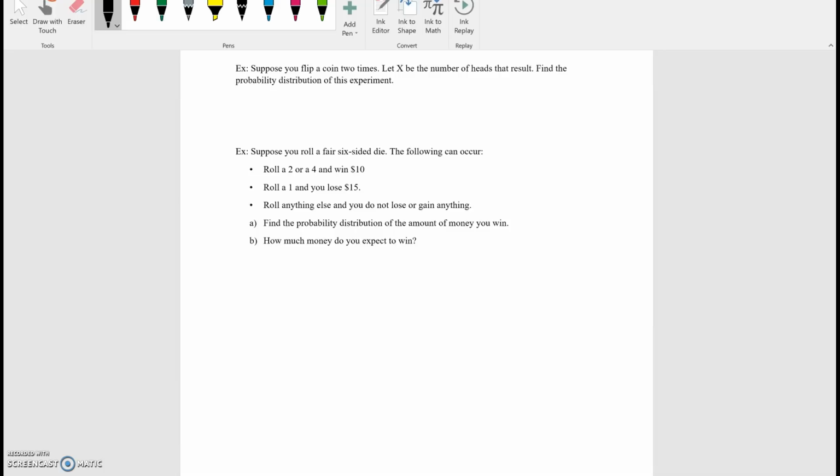So X is going to be the number of heads that result, and then I'm going to write the probability of X. Remember, X is just the number of heads. Now, what are the possibilities that I can get heads? Let's look at the sample space.